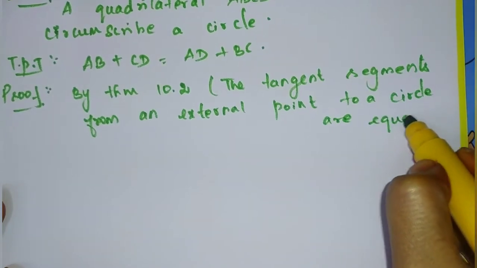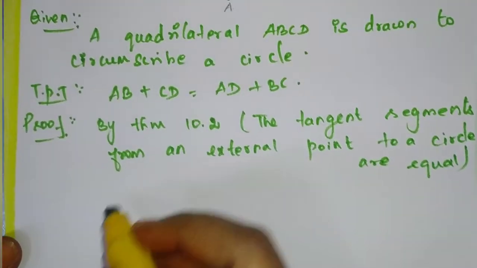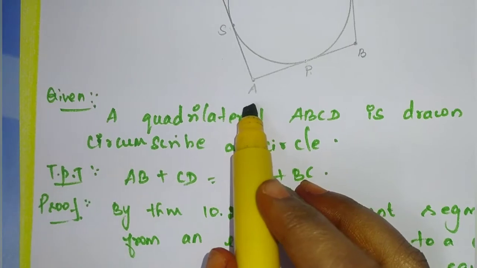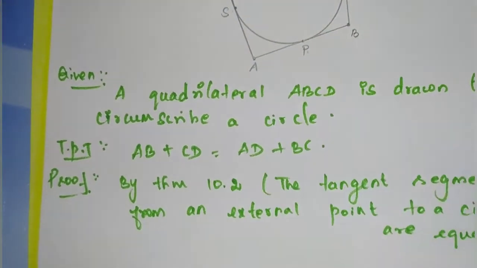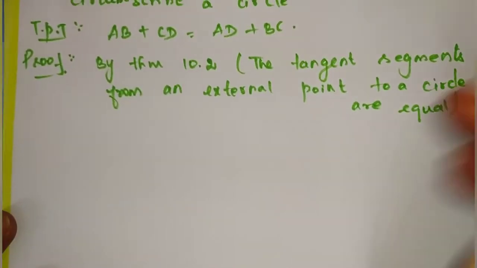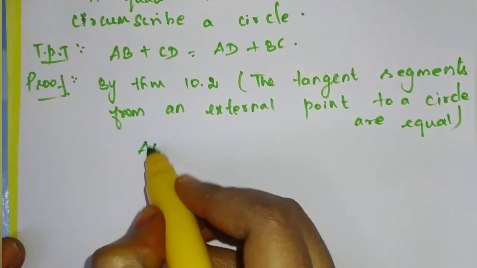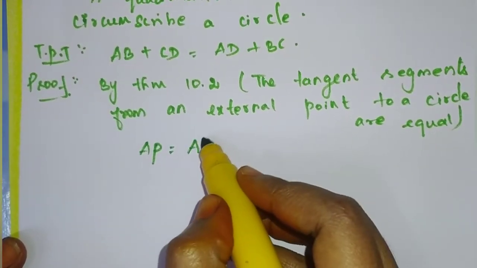The length of the tangent will be equal. So if A is an external point, we can tell that AP is equal to AS.